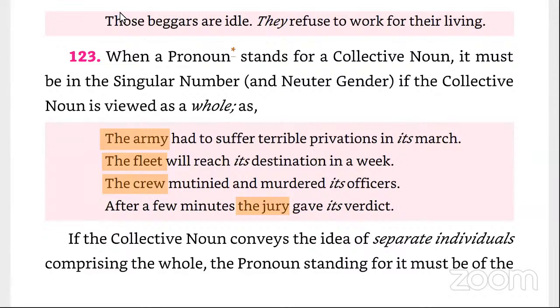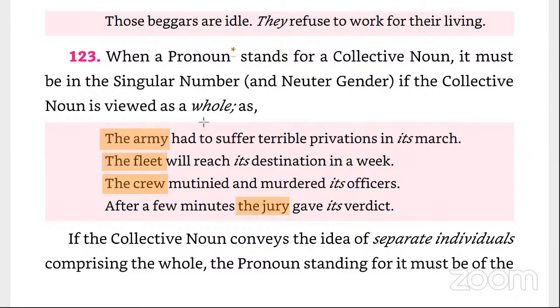Sometimes the collective noun may refer to separate individuals. Example: suppose there was a battle or a war going on between India and Pakistan. In a particular battle, some members of the army did not have the courage to fight, so they decided to run backwards.